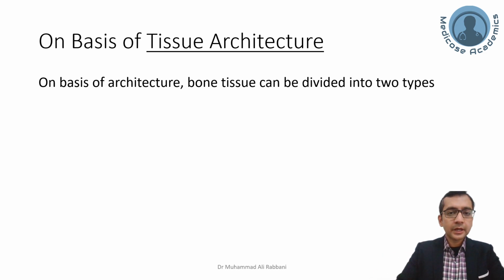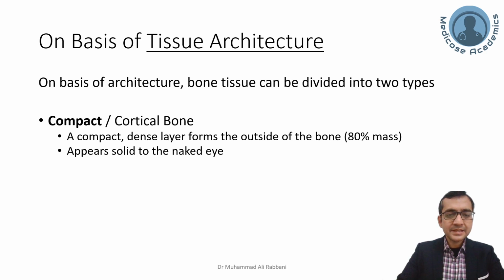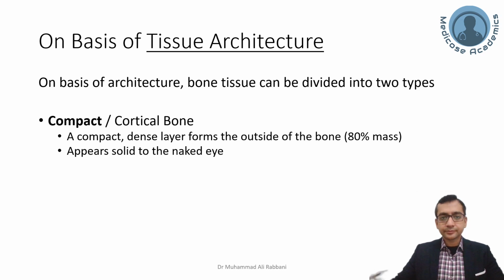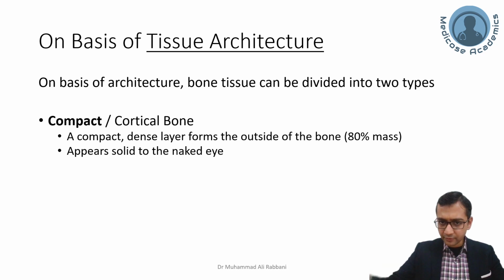When you cut a bone, you can see it divided into two parts. The outer part is usually a dense layer, and by naked eye you cannot see any spaces in it. So this layer is known as compact bone, and as it is on the outside, the cortex, it is also known as cortical bone.